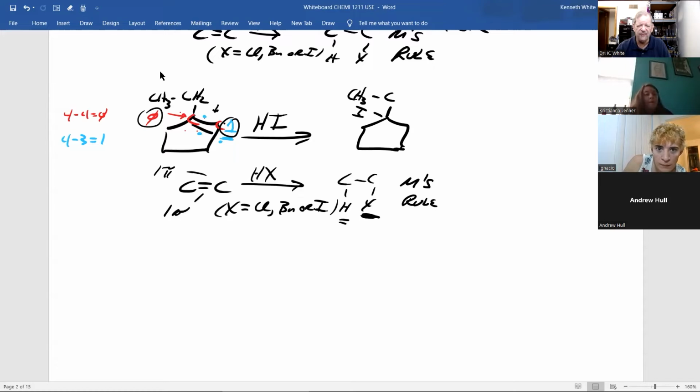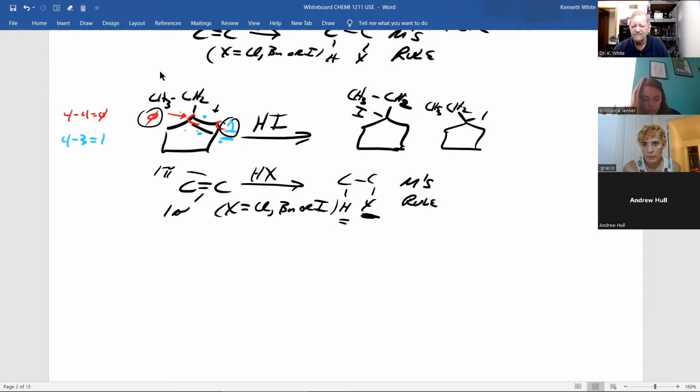And I know there are 4 bonds to carbon, and there you go. Now, you could have also written it this way. And that would have been the same thing. And that's how you do that. Any questions?